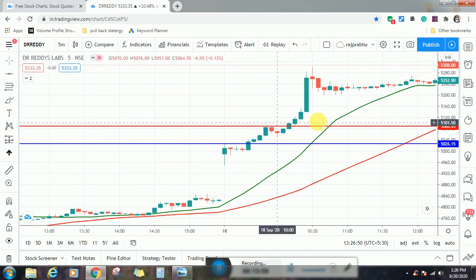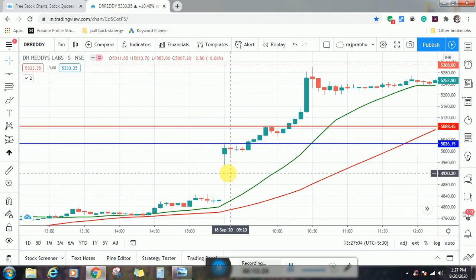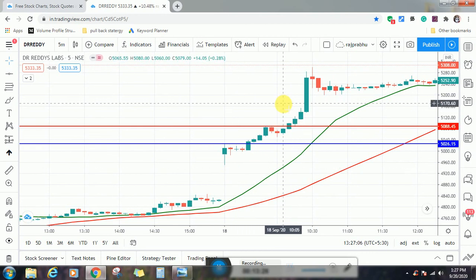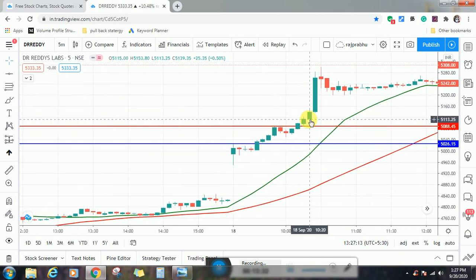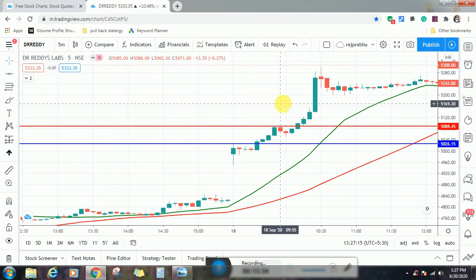Whenever the CPR is not near this level, you consider at least 25% and 50% for target. Risk reward, for safe trading, is 1:2 like this. So make quick profit, safe profit.